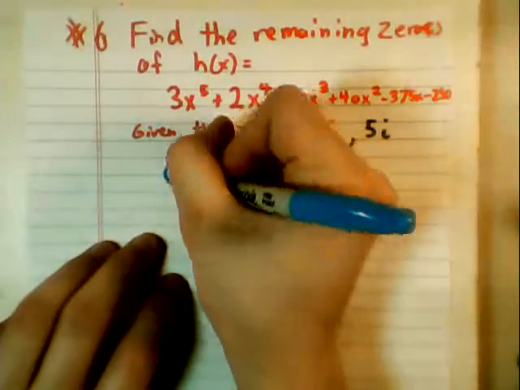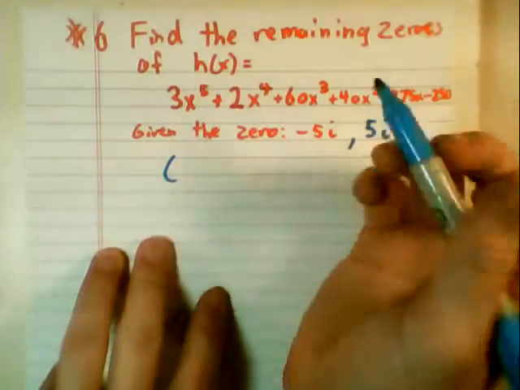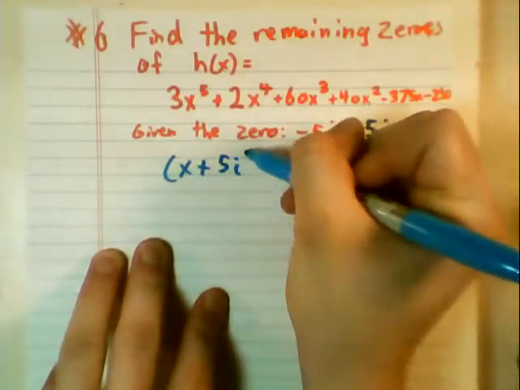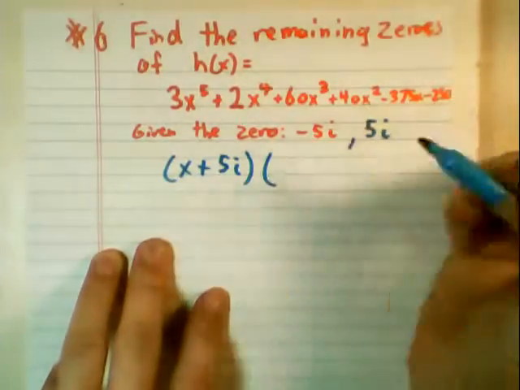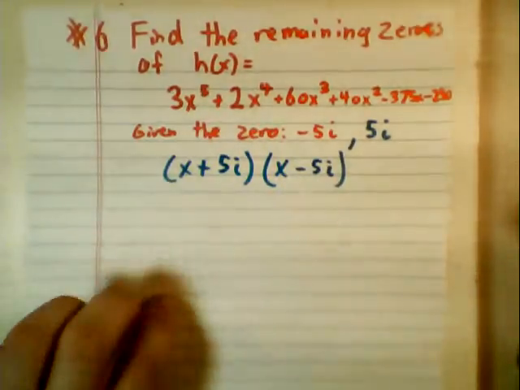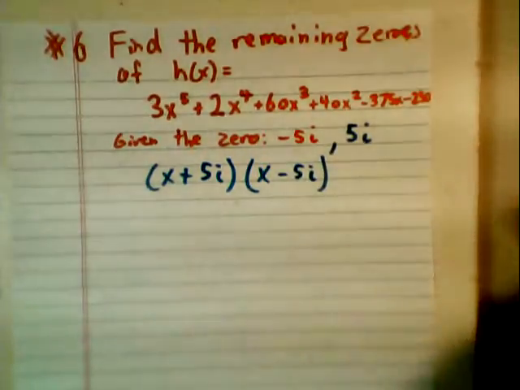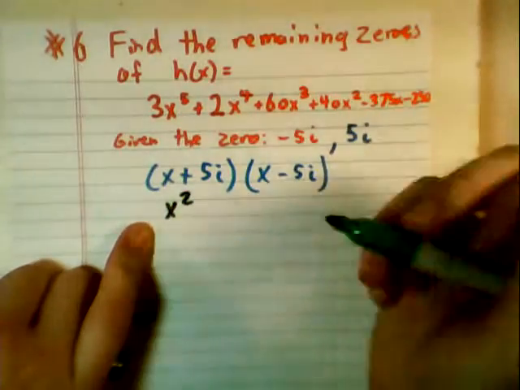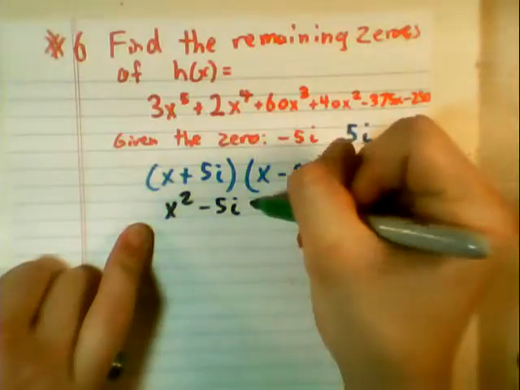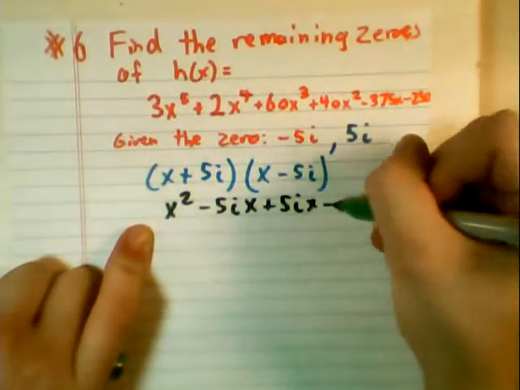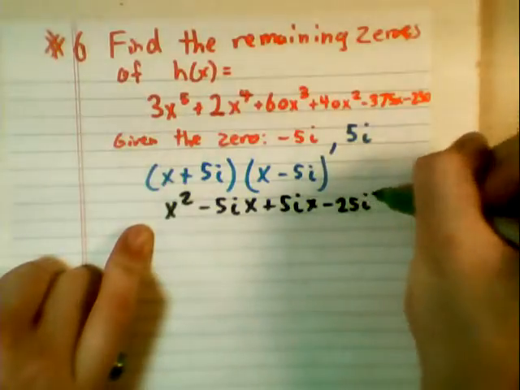Okay, let's do that. So we have put it in factored form. We change the signs: x plus 5i, that one, times x minus 5i, which is this one. So when we multiply it out, we get x squared minus 5ix plus 5ix minus 25i squared.